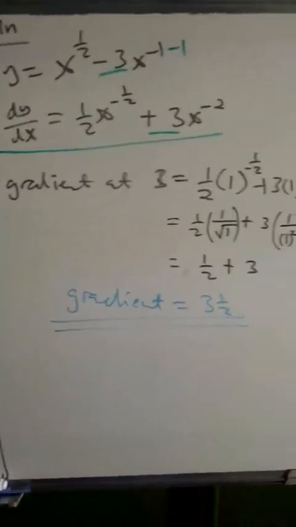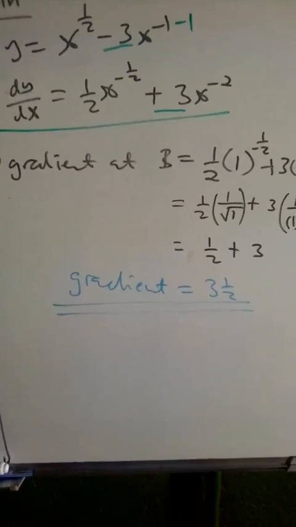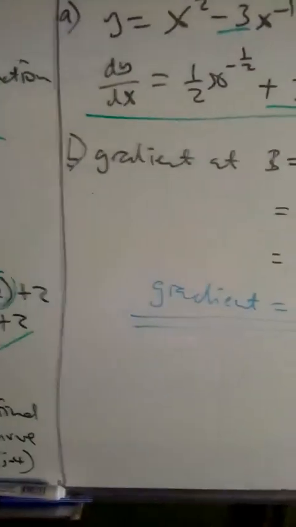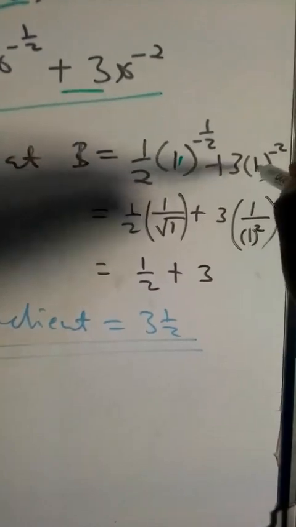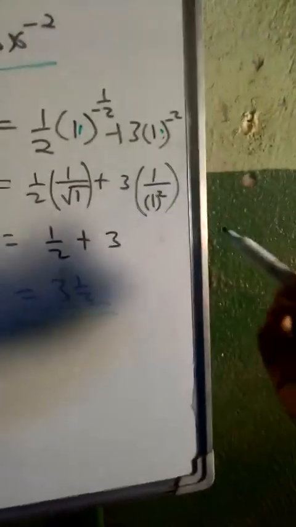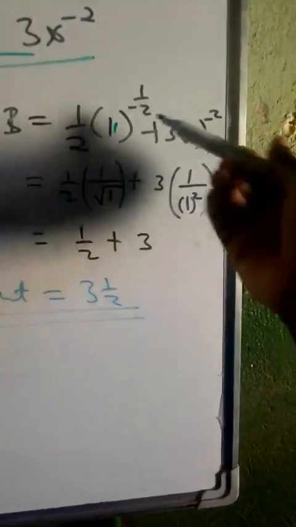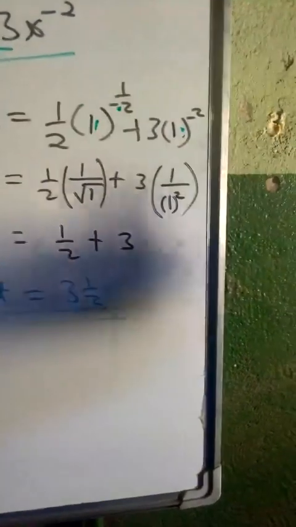Then for the gradient at point B, you are just substituting the value of x, which is 1, into dy by dx. So I am substituting 1 here and 1 here in place of x. Then using laws of indices, you know that this negative means 1 over here.